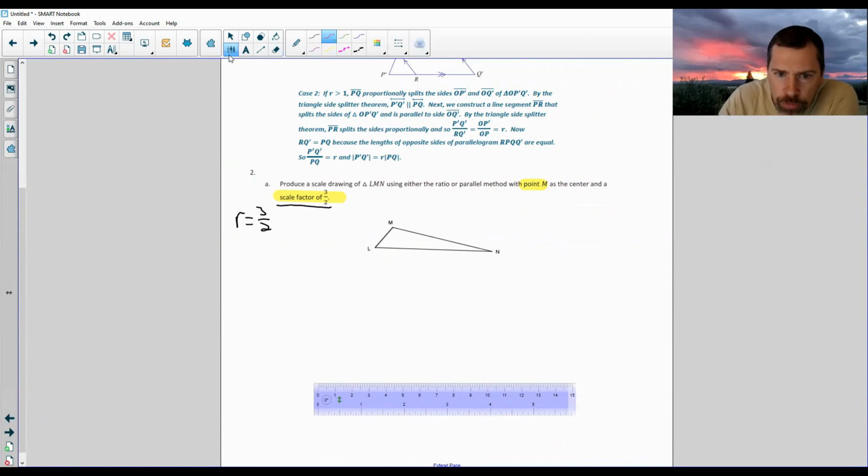And we want to measure ML. Measure ML. The length of ML equals, the length of MN equals, and the length of LN equals. So I'm going to measure those three.